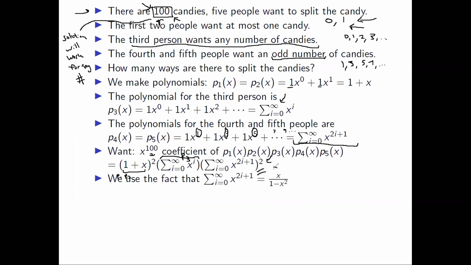We're going to write it as x times the sum i equals 0 to infinity of x to the 2i. We can now write this, we won't change that, but we'll change inside the sum. i equals 0 to infinity of x squared to the i.